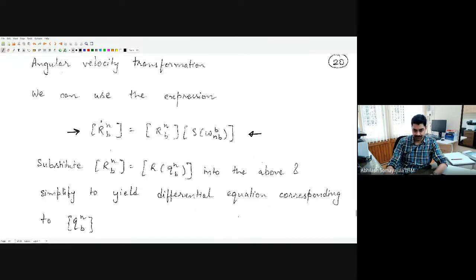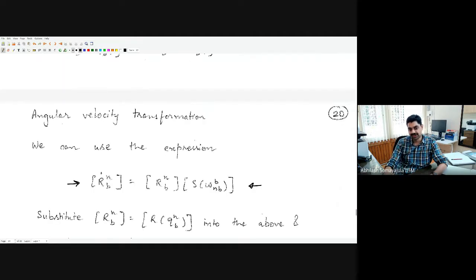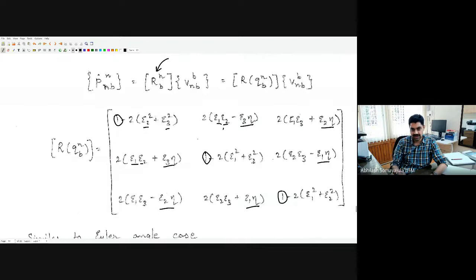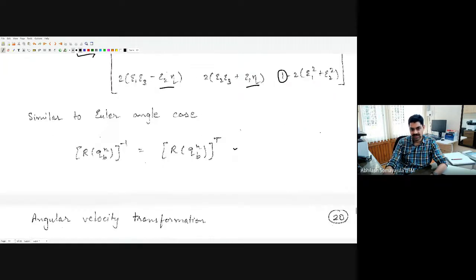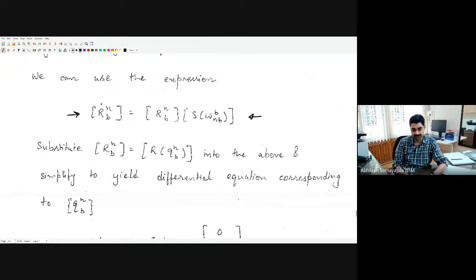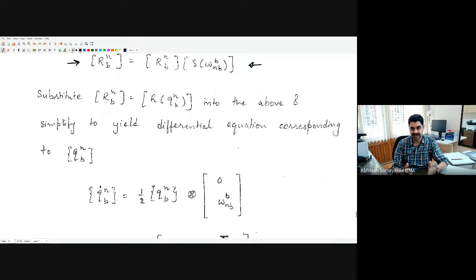Now, what we will do is, into this rotation matrix, we will substitute our quaternion. So I'll substitute our expression in terms of the quaternion into this differential equation. And then I will try to simplify it a little bit. I'm avoiding a lot of math here.